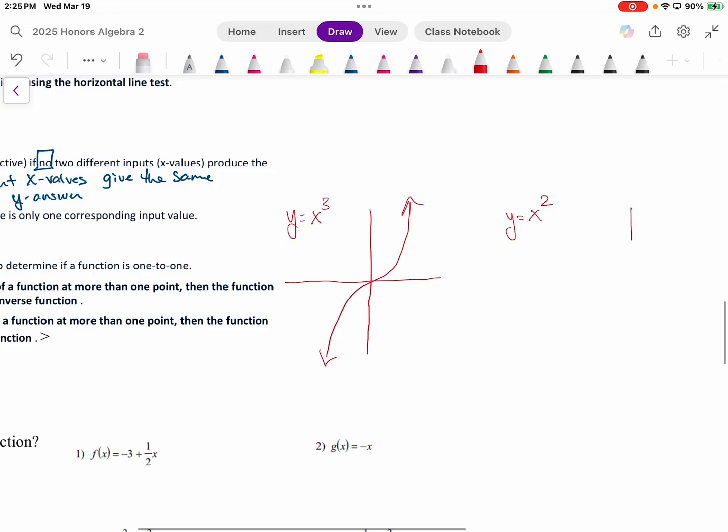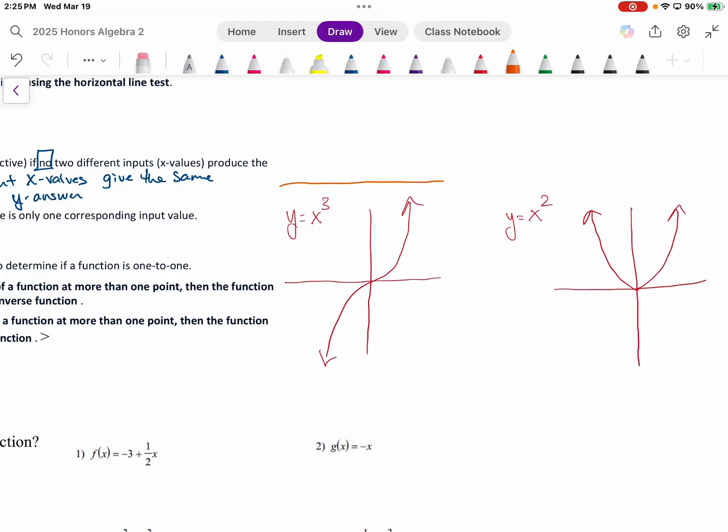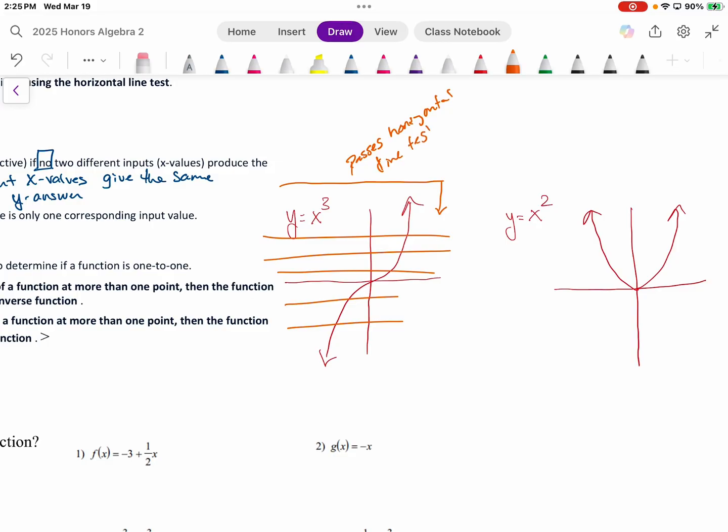The one on the right is the shape of a U. If I bring a horizontal line down through the thing, draw horizontal lines, I'm only touching that x cubed graph once. So that tells me that this passes the horizontal line test, so it has an inverse.